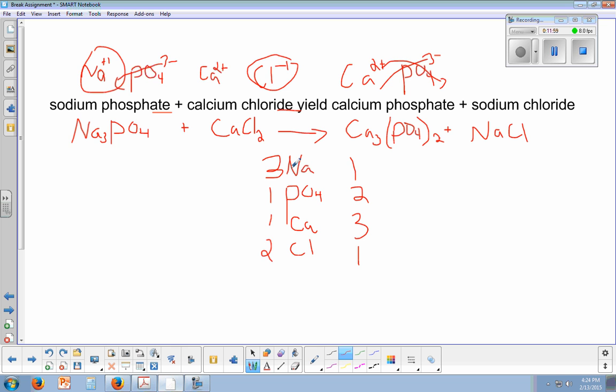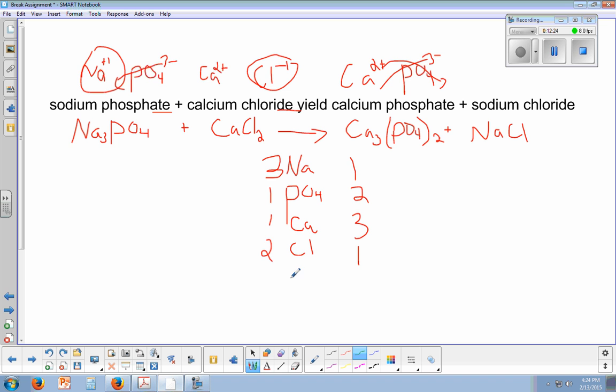If you start with Na, you're going to have to start over, because if you put a 3 out front over here, that's going to give you 3 Na, but it's going to give you 3 Cl. And if I have 3 Cl, can I ever make this side 3? No. So I know that that's not going to be the right answer. So I'm going to undo that.